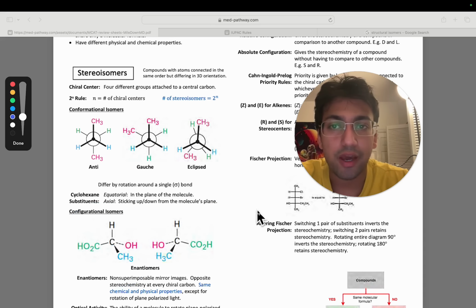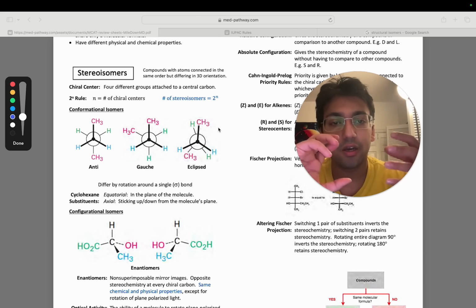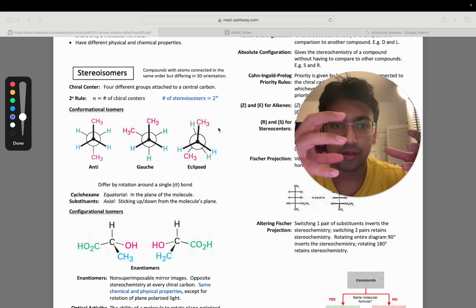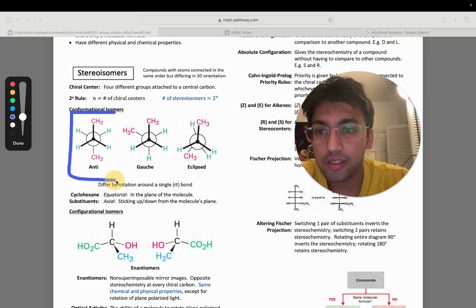The reason that matters is that when you rotate a chiral center, those 4 different groups are oriented differently in space compared to a neighboring chiral center. So how can I describe this? Let's look at this example.